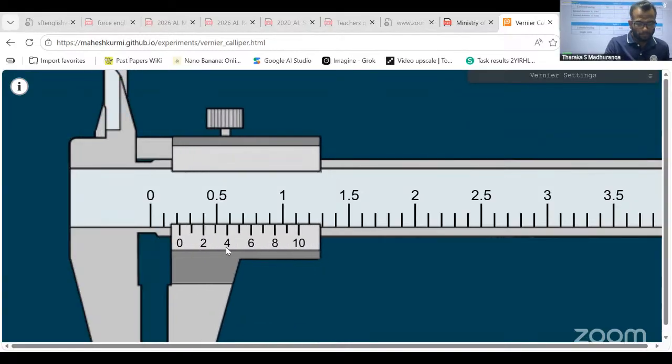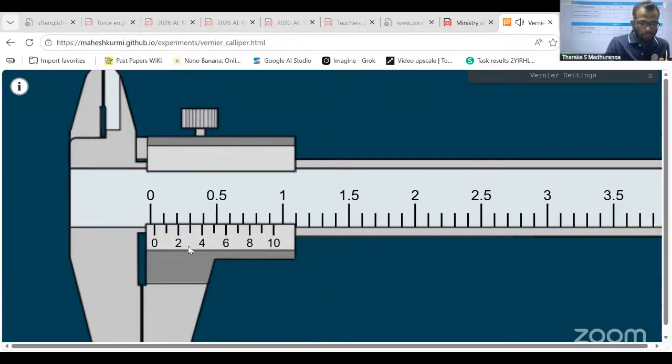While the external jaws are in contact, what happens? The vernier scale 0 shifts to the right side of the main scale 0, right? Then how do we get the positive zero error? It is very simple.